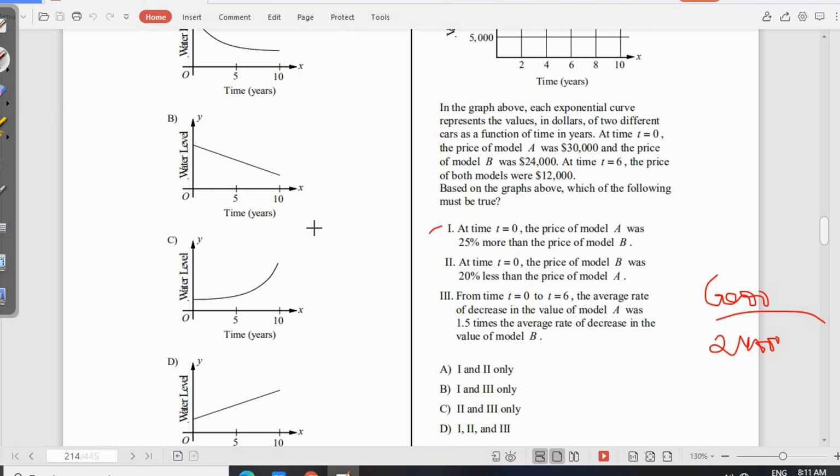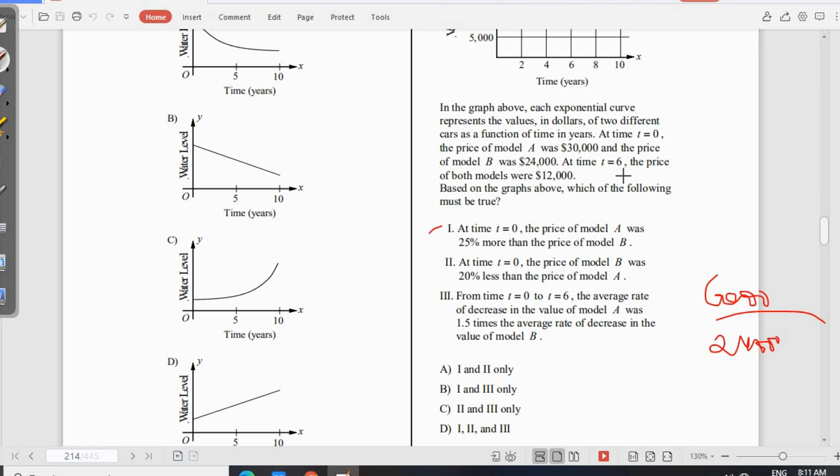The next one we're looking at is II: at time t equal to 0, the price of model B was 20% less than the price of model A. Now let's confirm if that statement is correct. At t equals 0, model B was 24,000 and model A was 30,000.